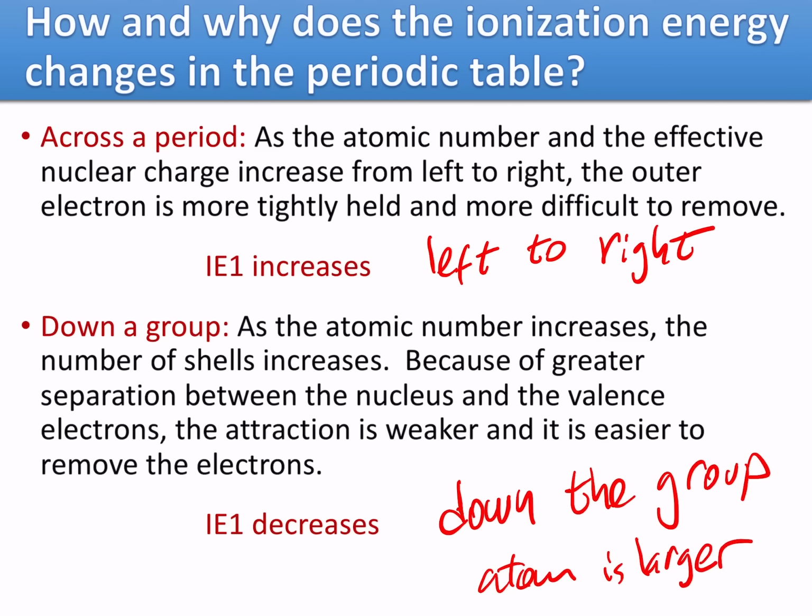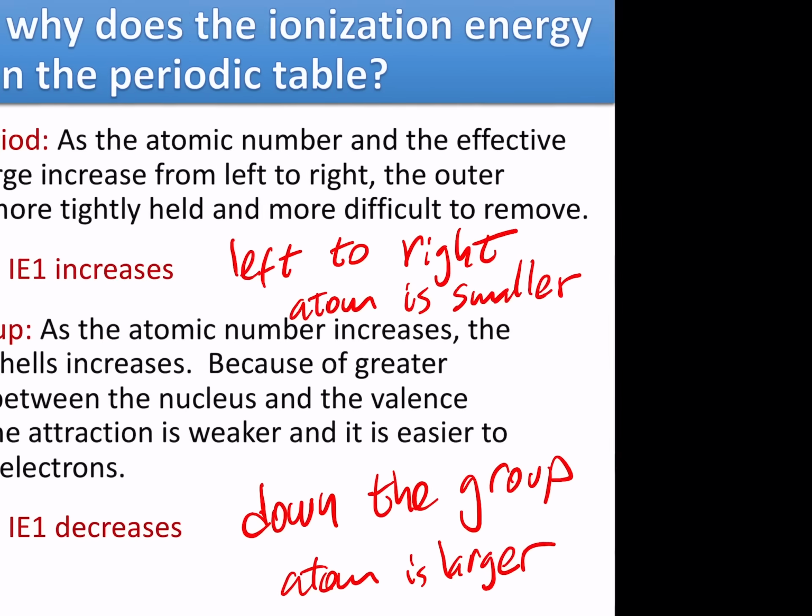Left to right, the atom is smaller. You can always use that comparison. So ionization energy and atomic radius go hand in hand. They go in opposite directions, but they are hand in hand. It's easy to relate ionization energy with the size of the atom.